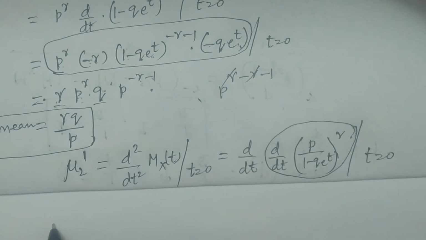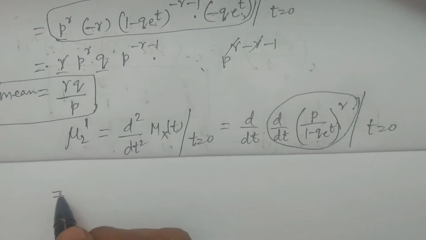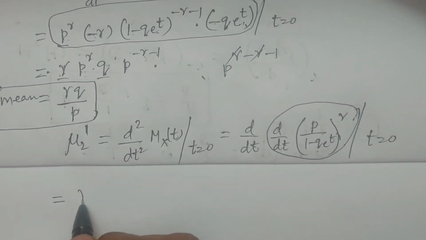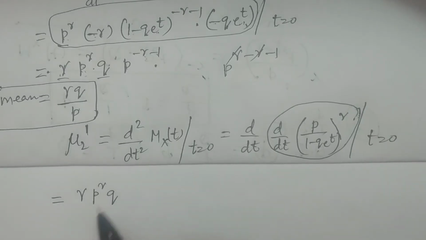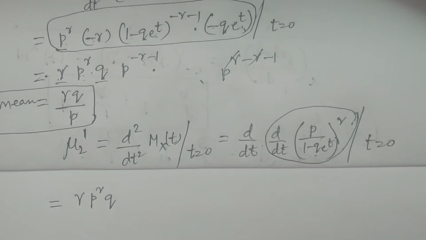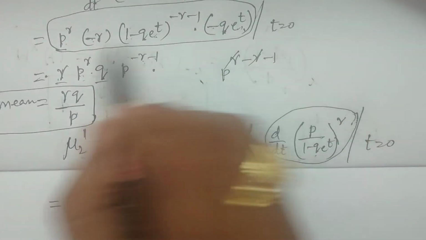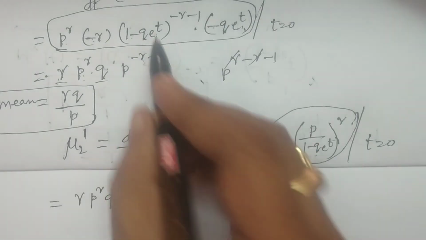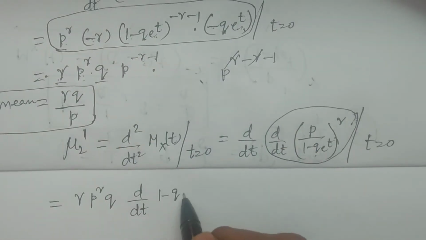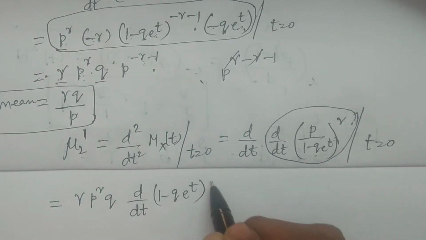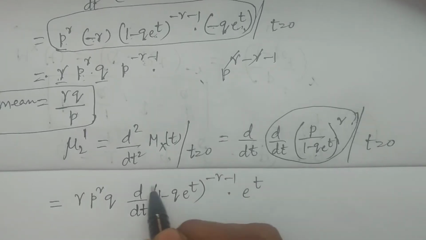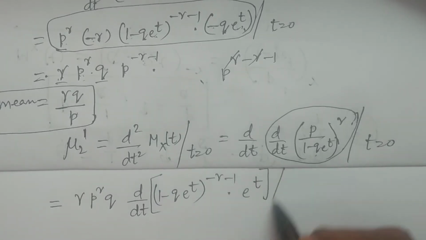First of all, I am taking r into p power r into q outside, which are the constant terms. Now the remaining terms: d by dt of (1 minus q e power t) the whole power minus r minus 1 multiplied by e power t. Am I right? And substituting t equal to 0.